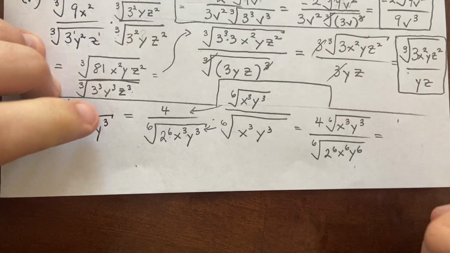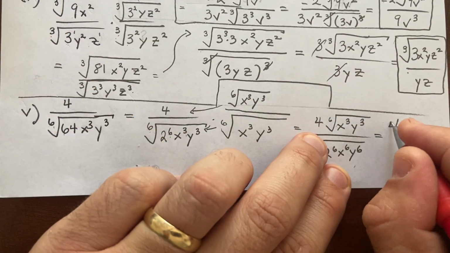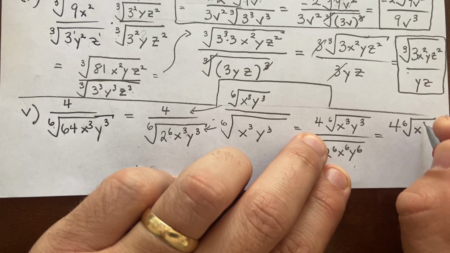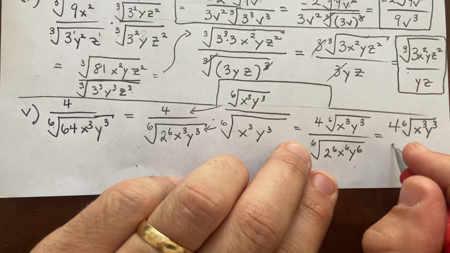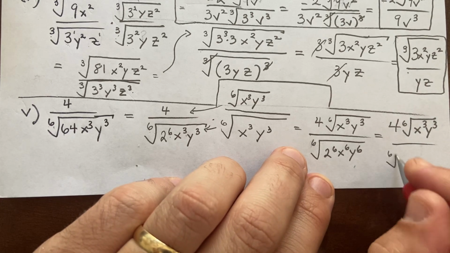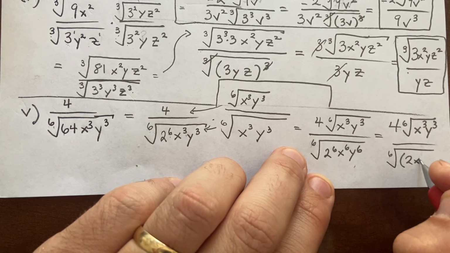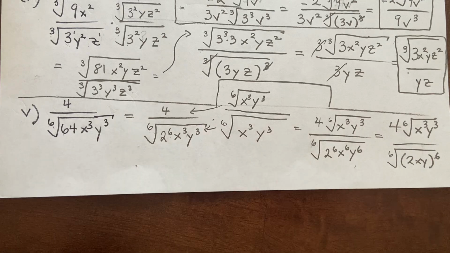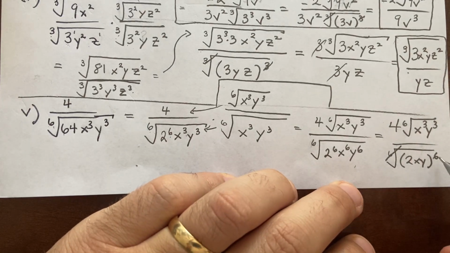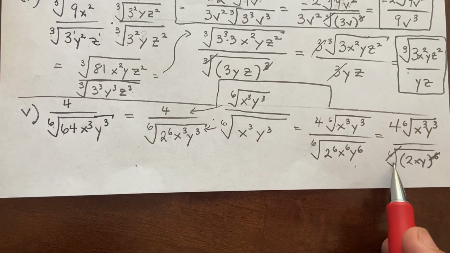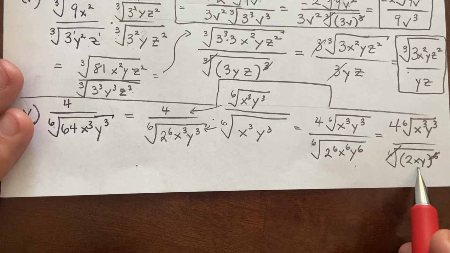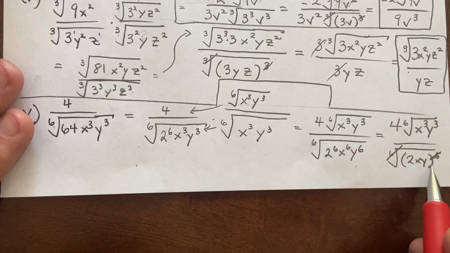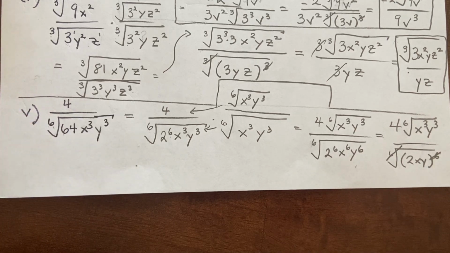So I have 4, the 6th root of x cubed, y cubed, over the 6th root of 2xy all to the 6th. And now when this cancellation occurs, that's an even index going to odd powers, even to odd. So absolute value on.